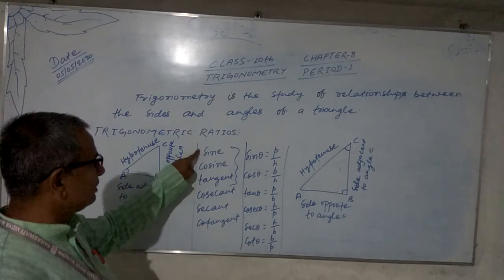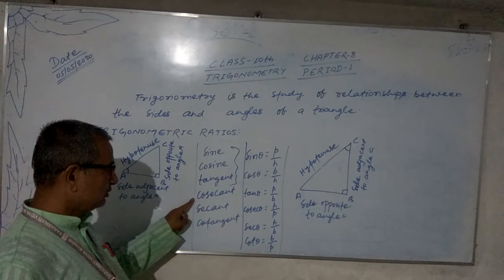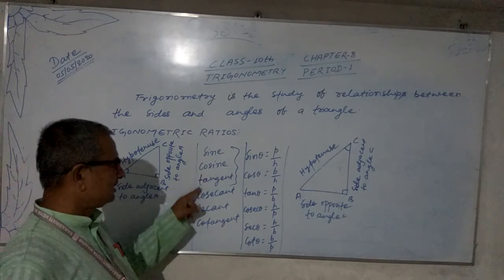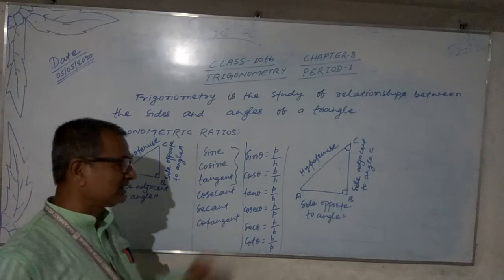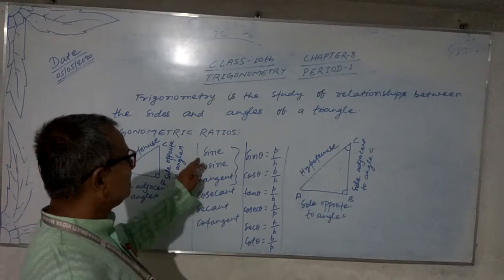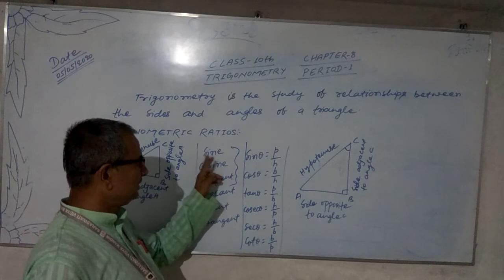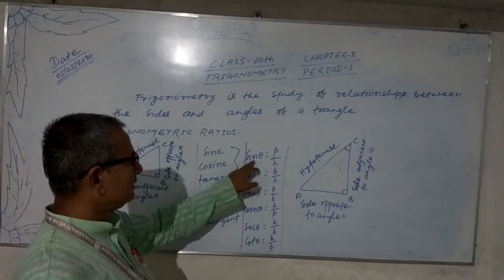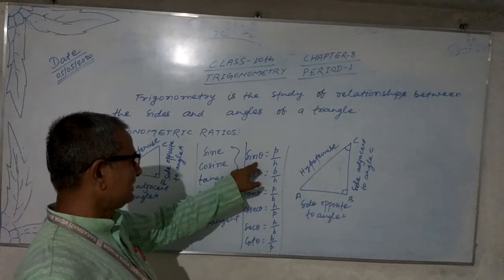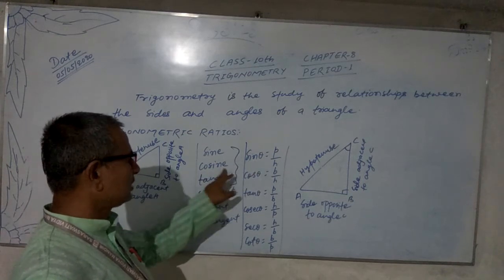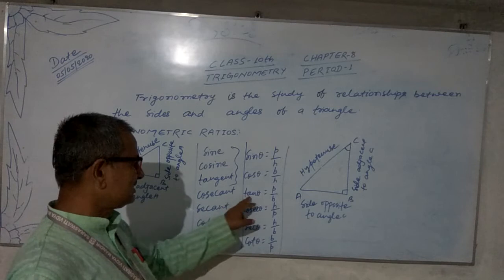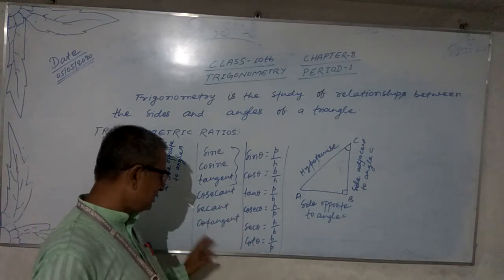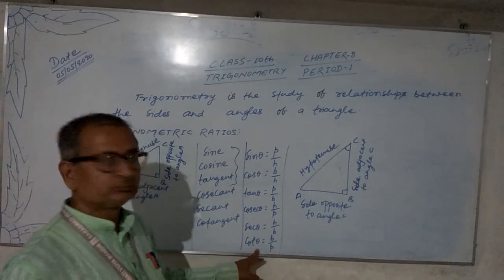The derivatives of sine is cosecant, and cosine is secant, and tangent is cotangent. In abbreviation form, we read them as sin, cos, tan, cosec, sec, and cot.